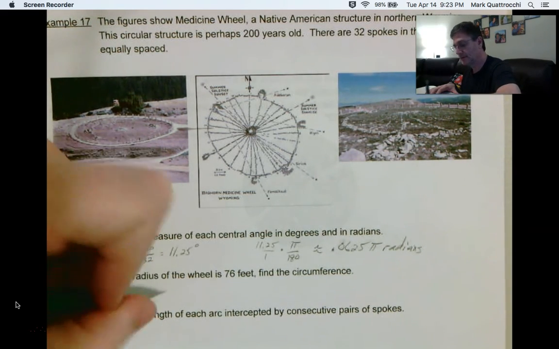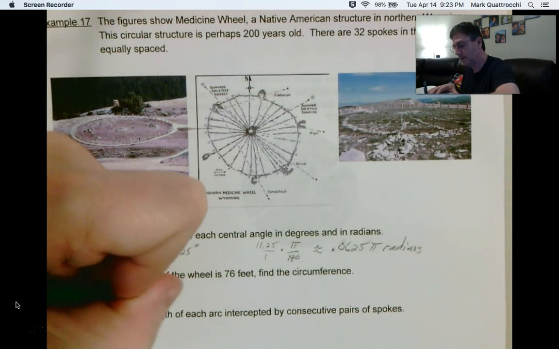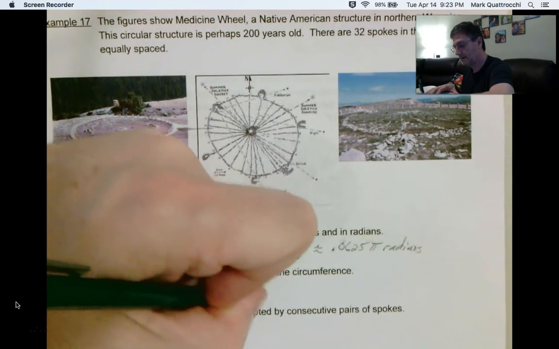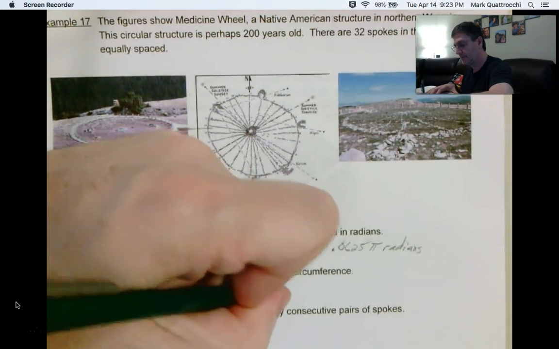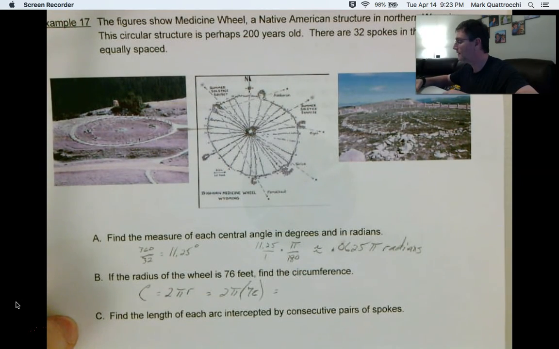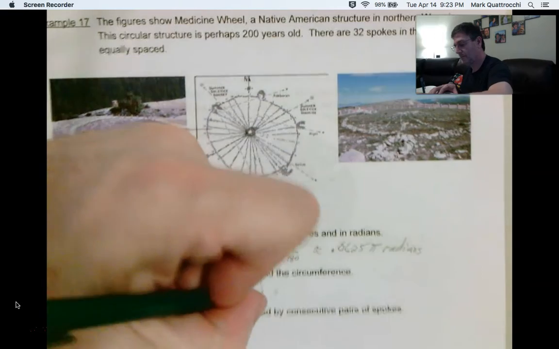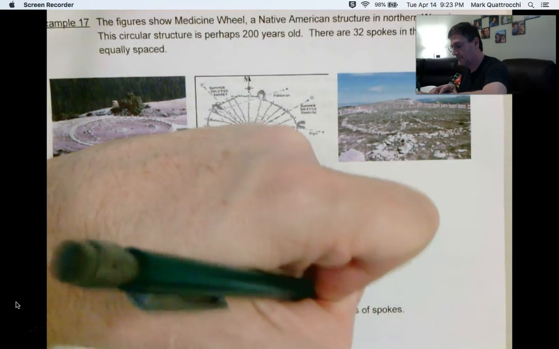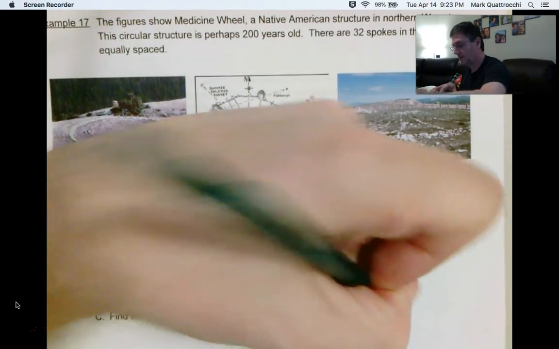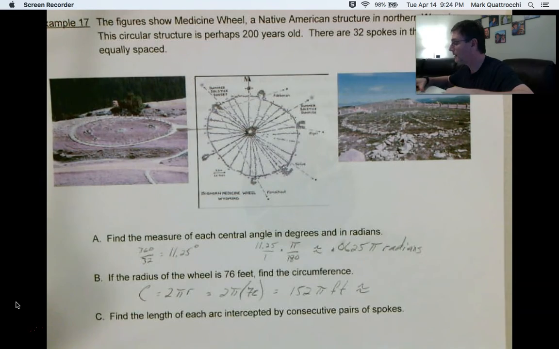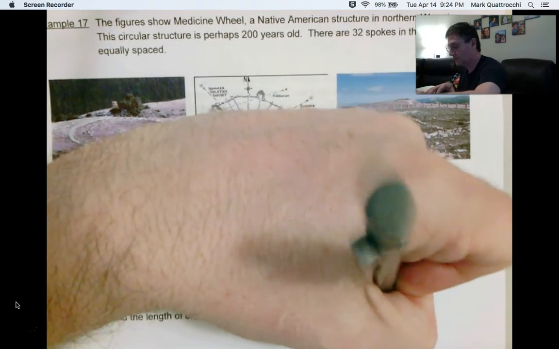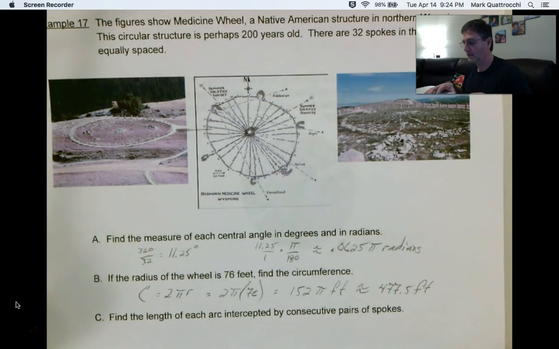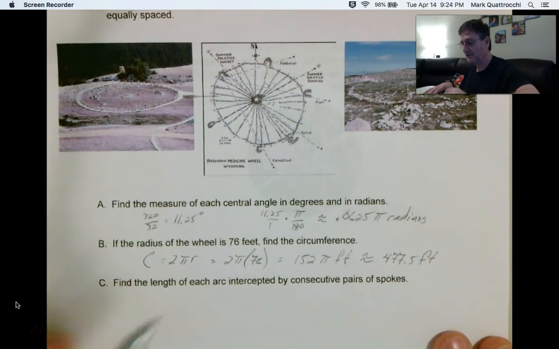So circumference equals 2 pi r, 2 pi times 76. 76 times 2 is 152 pi feet, or approximately 477.5 feet for the circumference. Find the length of each arc.